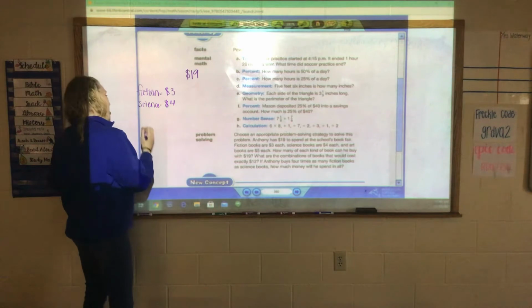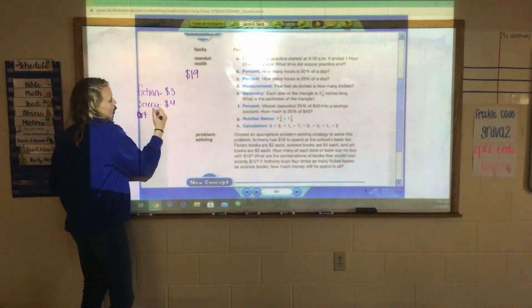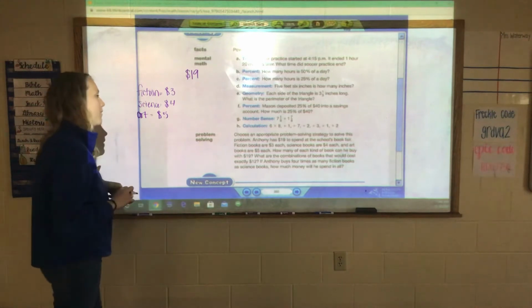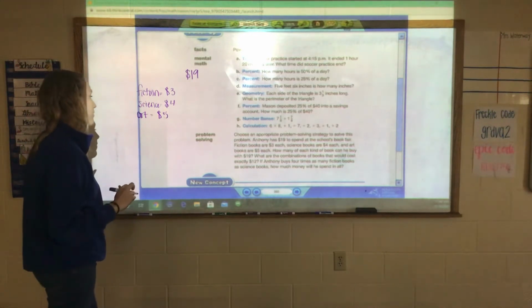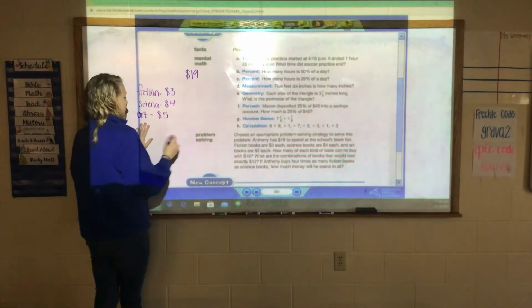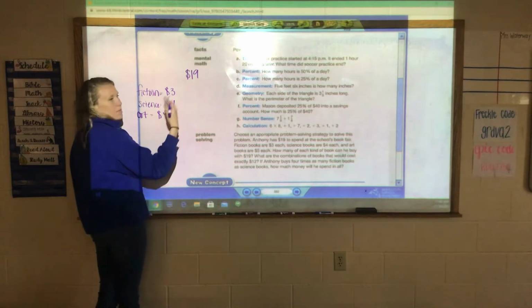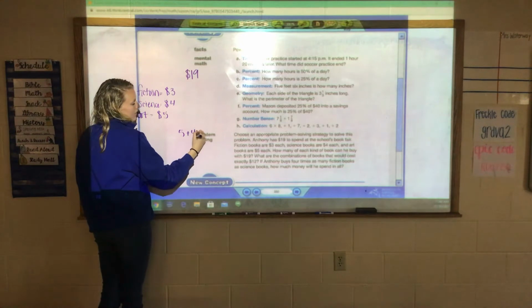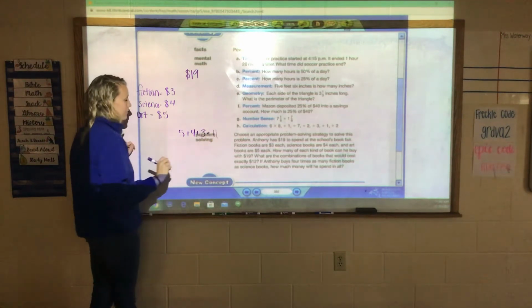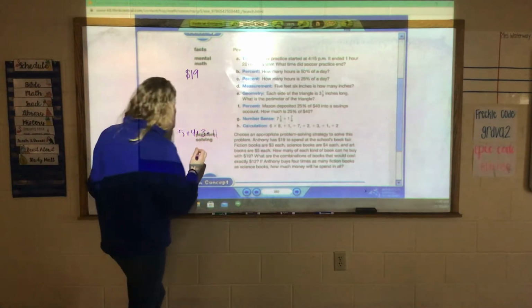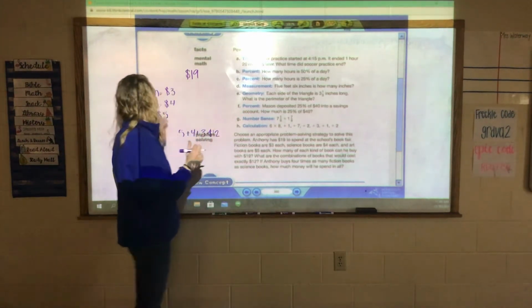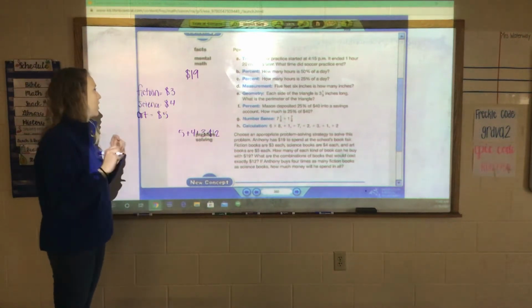And art books are $5. Okay? How many of each book can he buy with $19? Well, let's just say he buys 1 of each right now. So 5 plus 4 is 9 plus 3 is 12. I can count. It's fine. So right now, if he buys 1 of each, he has spent $12.